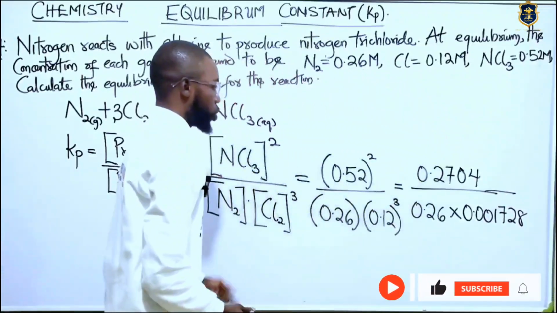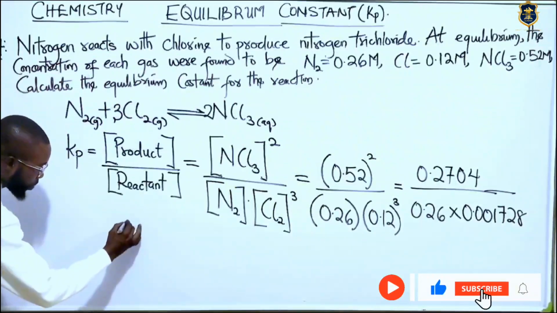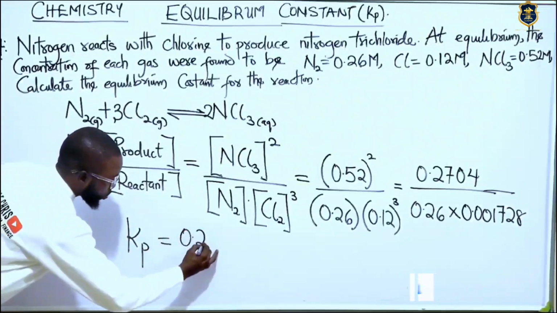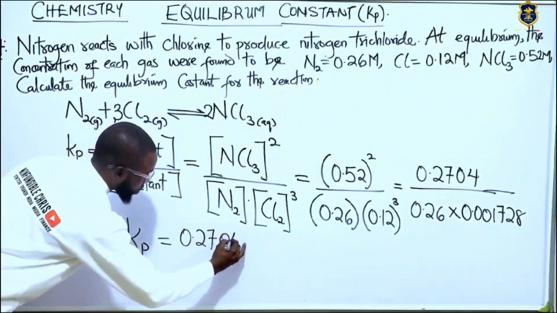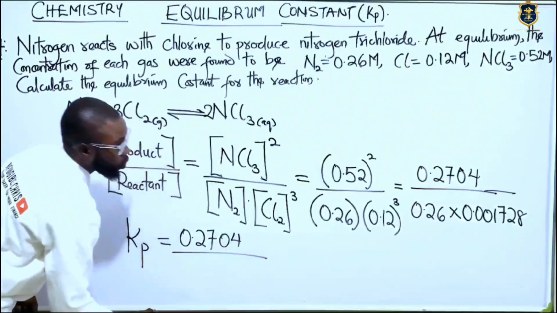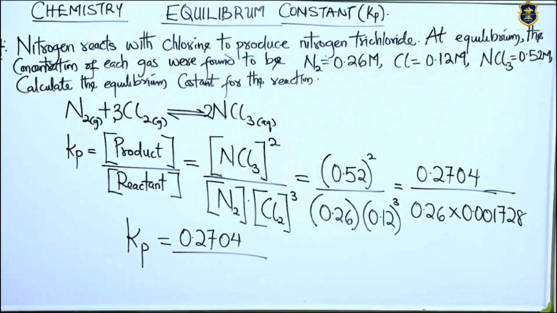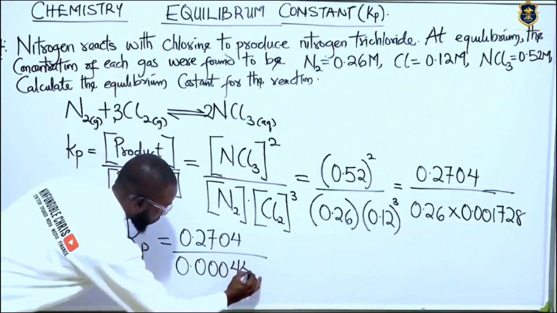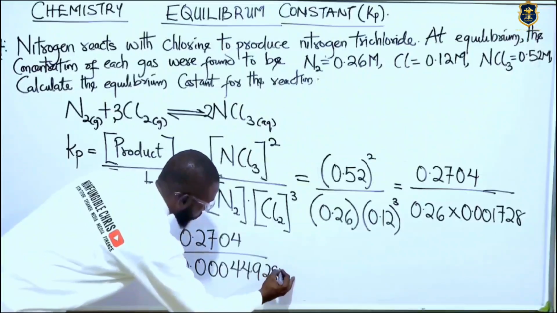So by doing that, we know that our Kp is going to be 0.2704 over the product of 0.26 times 0.001728, which is 0.00044928.